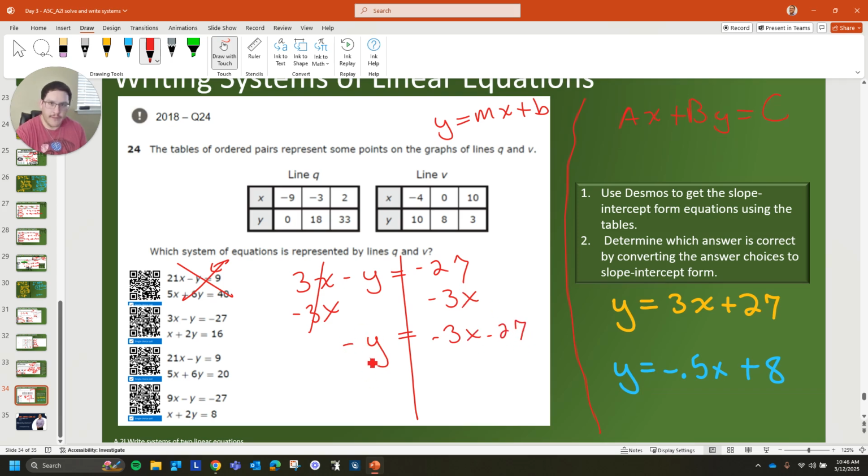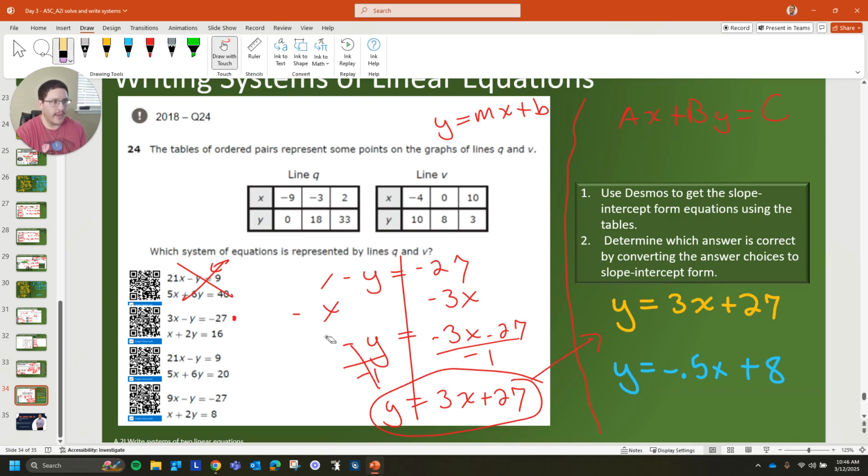I'm going to divide by negative 1, and I have y is equal to negative 3 divided by negative 1, which is 3x, which I have something there. And then I have positive 27, so plus 27. That's good. Now that I've confirmed that this matches one of my equations, let's try the next one.